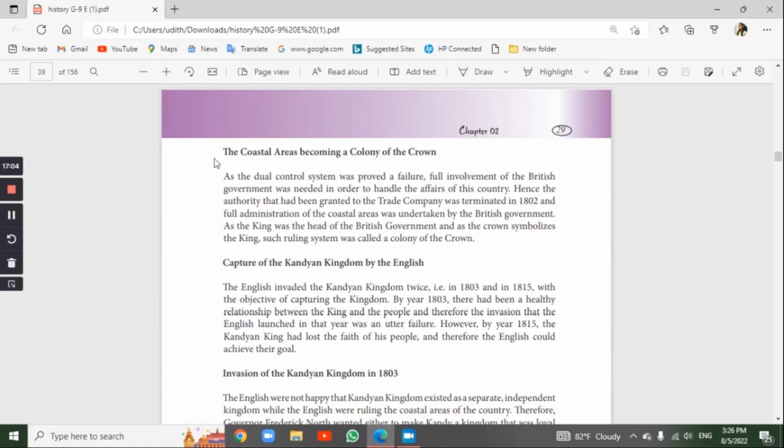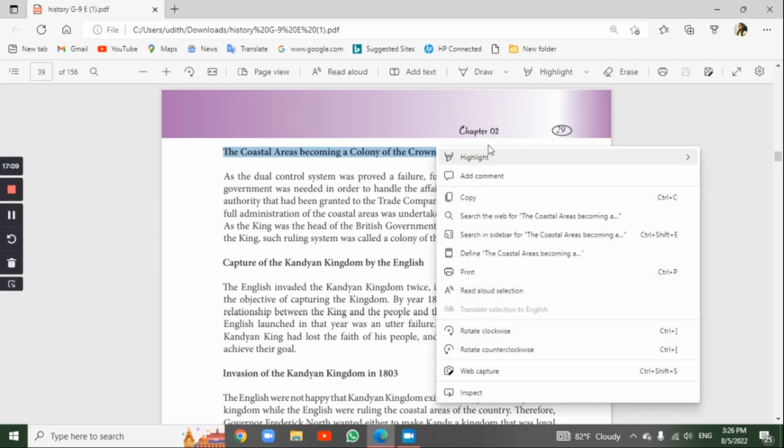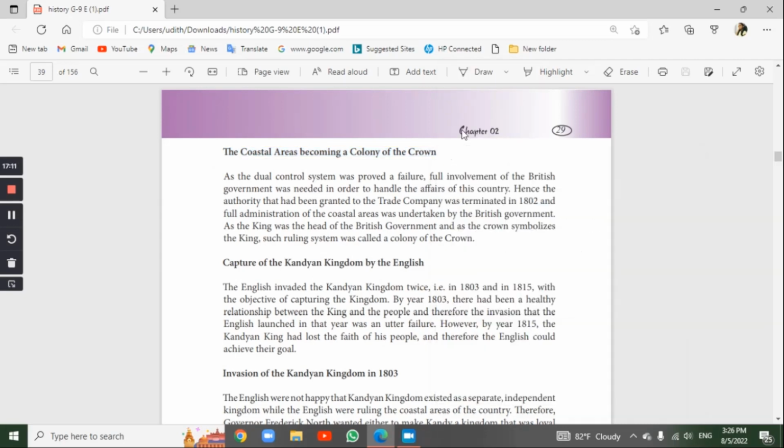The third stage is the coastal areas becoming a colony of the crown. How did the crown, meaning the British government, rule the country? As the dual control failed, the British government needed to handle the affairs of this country. The authority granted to the trade company had failed, and in 1802 the administration of the coastal areas was taken over by the British government.